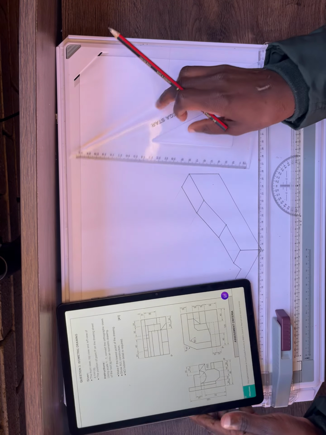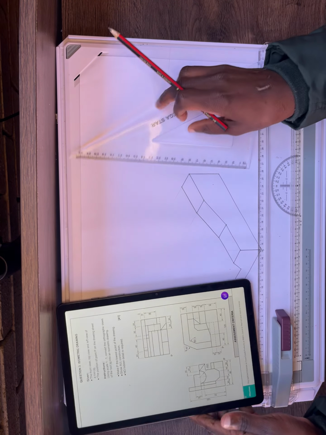I need to insert another piece from this line. And since I've said that the lines that are facing the top, it means that the piece that must join there should be coming from the top as well. Alright, now if you check this line, the piece that is coming from the top, this line is this one here. Alright, so which means on this line I'm gonna put in this piece here, and then from here to here, what is the dimension of this piece?